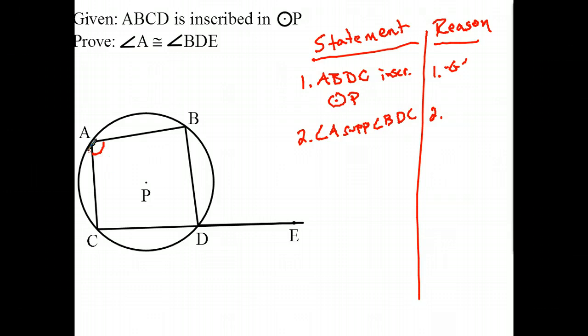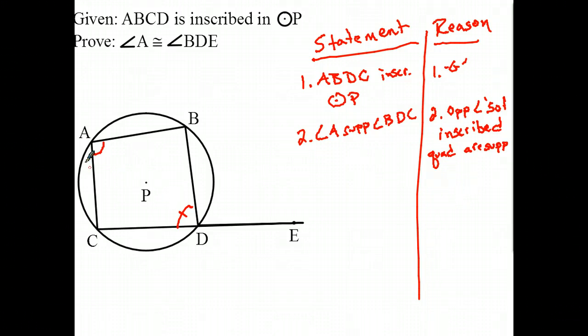Now, why can we say that? Because opposite angles of an inscribed quadrilateral are supplementary. That was Theorem 93 that we just saw. Opposite angles of an inscribed quadrilateral have to be supplementary.